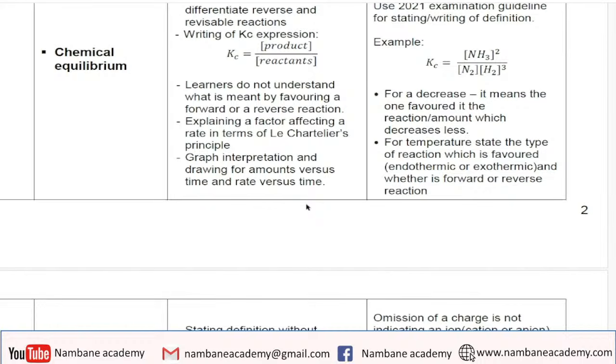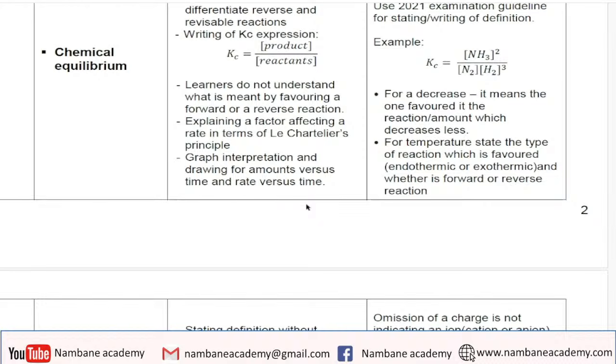And then once a reaction is at equilibrium, that reaction can be disturbed from equilibrium. That is where Le Chatelier's principle comes in. Once a reaction reaches equilibrium, it wants to stay at equilibrium. So whatever disturbance is imposed on it, the reaction will oppose that disturbance.